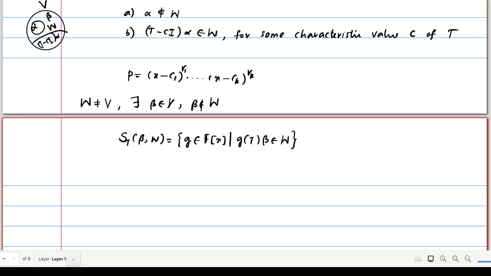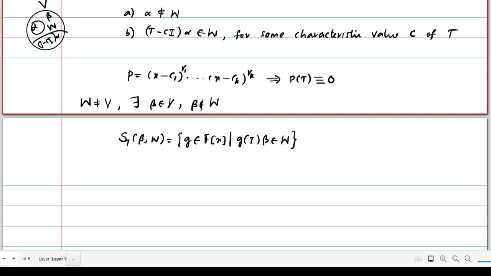We know that since p is the minimal polynomial for T, p(T) is an annihilating polynomial. The minimal polynomial is the monic generator of all the annihilating polynomials, so p(T) will be 0.